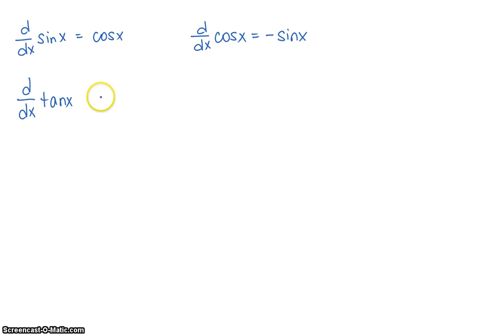So technically, we're using the quotient rule in this case, and we would use our quotient rule and simplify it down. Now, in this class, there is a proof in the textbook. If you'd like to look through it, it is doable. You should have all the skills to do so. This is a good exercise to try. When you use the quotient rule on this one, it actually works down to 1 over cos squared, which is the same thing as secant squared.